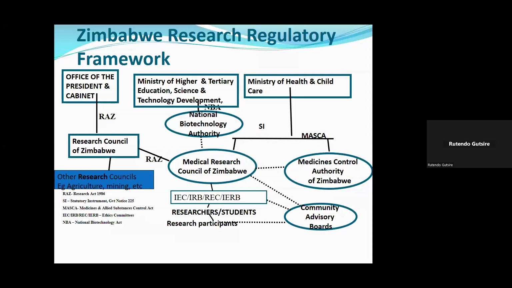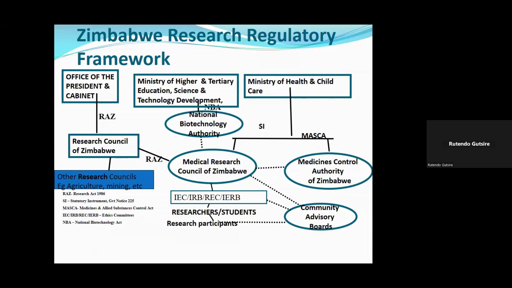Then under MRCZ, we have the institutional ethics committees. They have different names. They can be institutional ethics committee, institutional review board, research ethics committee, institutional ethics review board. An example is JREC, which is institutional, based at the Faculty of Medicine. There's also one at the main campus, UZ.